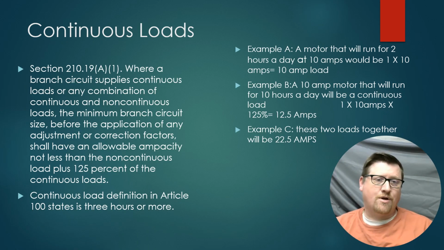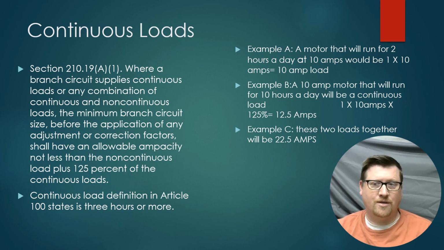So now we have to start talking about things that are going to adjust the amperage load that I'm allowed to put on a particular wire. The first of those things that we're going to talk about is continuous loads. This is going to actually adjust the amperage that we use for calculating our wire size.